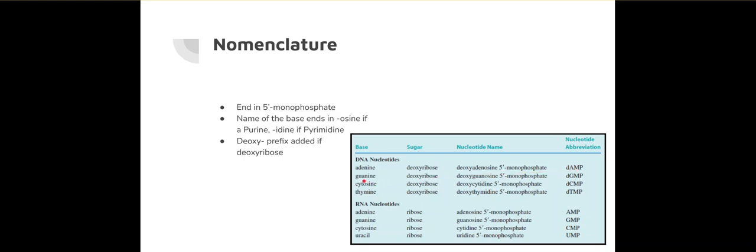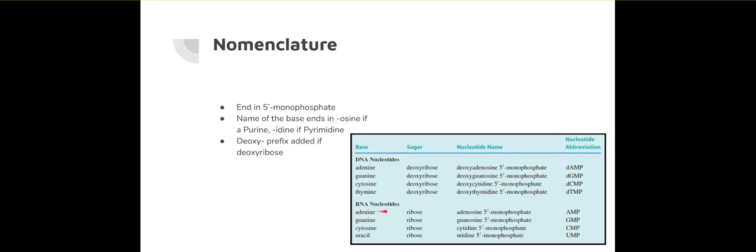Guanine, this is also a deoxyribose. Its name is deoxyguanosine 5-monophosphate, and it is denoted as dGMP, this d being that it's deoxy.